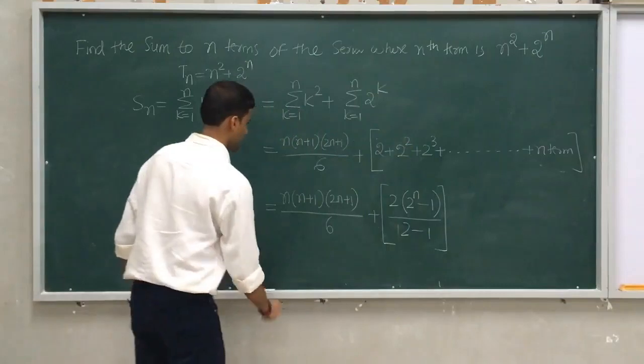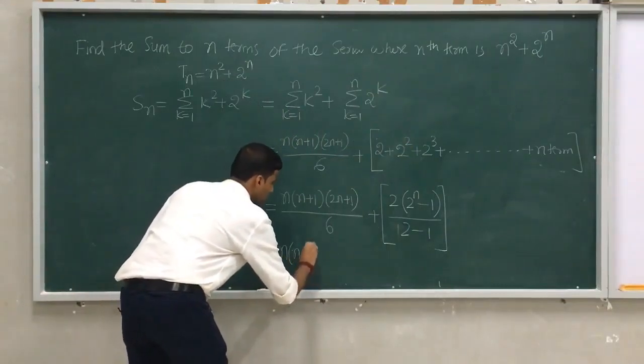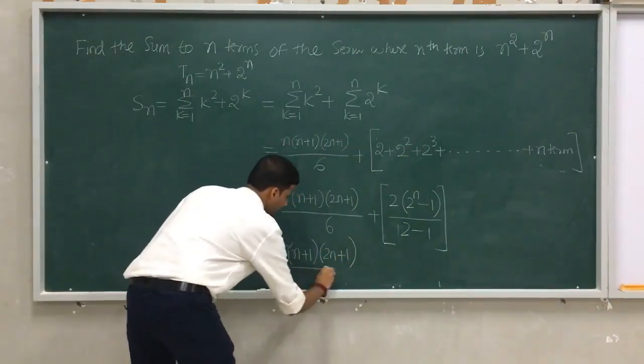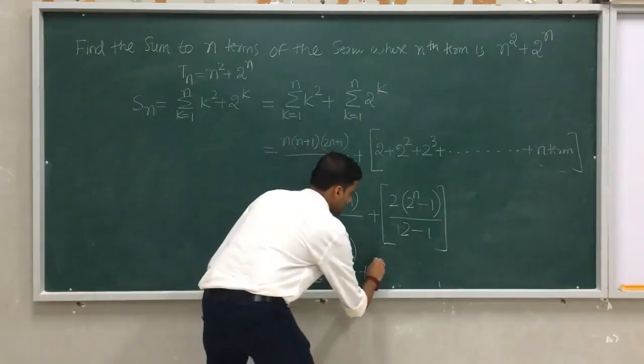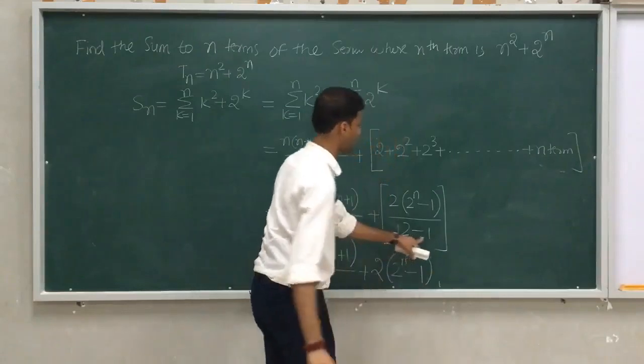Yes. So in the next step you can simplify it as n into n plus 1, 2n plus 1 by 6 plus 2 times of 2 power n minus 1, because 2 minus 1 is 1.